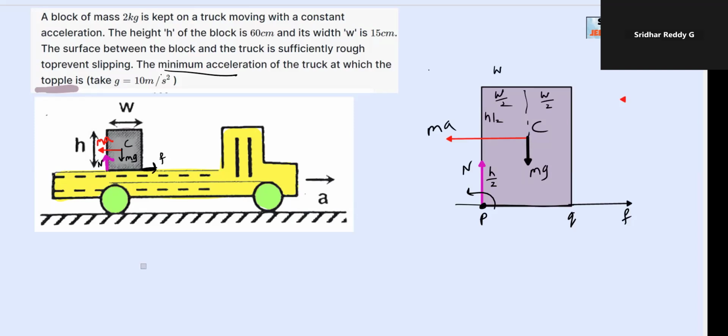Okay, now the net torque about point P should go to 0. So what are the forces acting? Torque due to pseudo force, ma into h by 2. This will be clockwise, no? Then torque due to normal reaction will intersect the axis of rotation. Torque due to friction will intersect the axis. Torque due to mg is mg into w by 2.